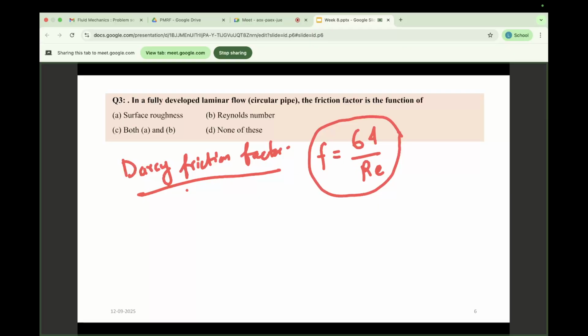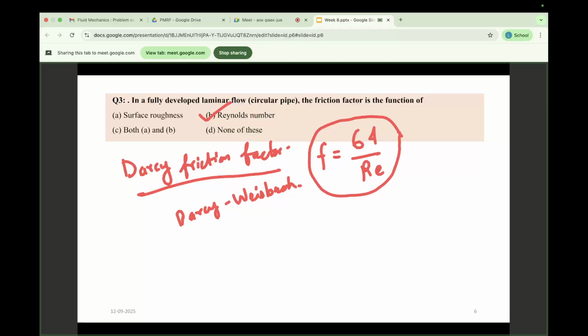Some people say it is Darcy-Weisbach equation. Okay, in this expression, you see that it depends directly on the Reynolds number and no other terms are there. So I can directly say that the friction factor is a function of Reynolds number.